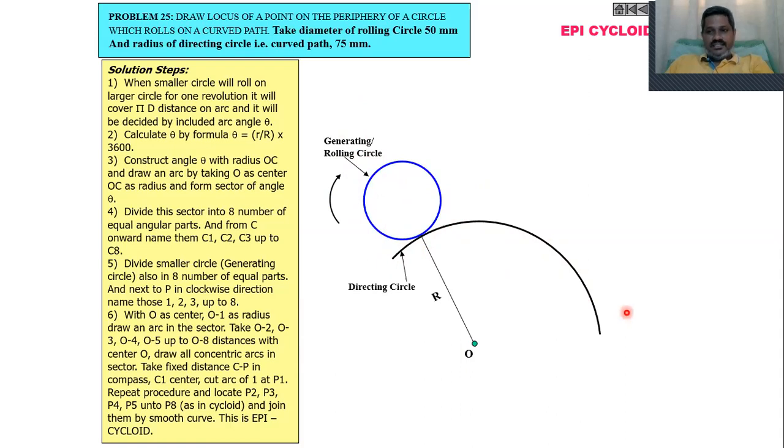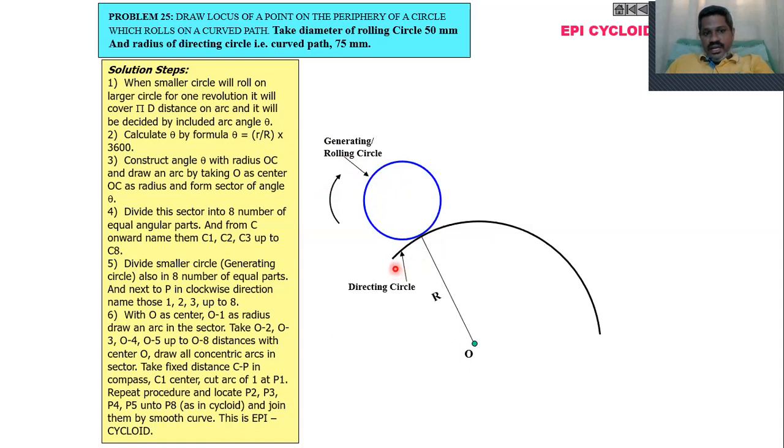That distance in this case is one revolution. For one revolution of the generating circle, we need to draw the locus of a point on its circumference. That distance is pi d.